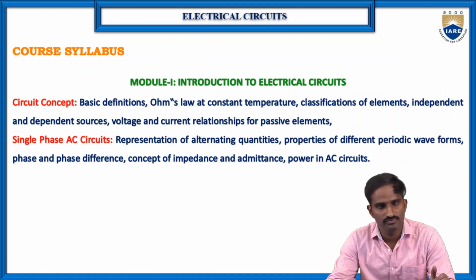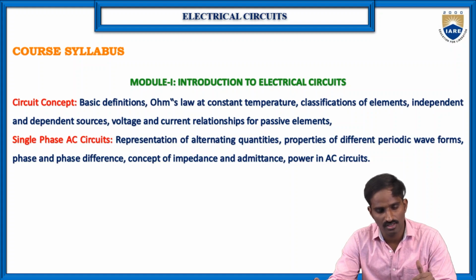We will first discuss the basic concepts of electrical circuits, and then single-phase AC circuits. At that time, I will let you know the major difference between DC and AC excitation. Before that, the circuit concepts we discuss are with DC excitation.